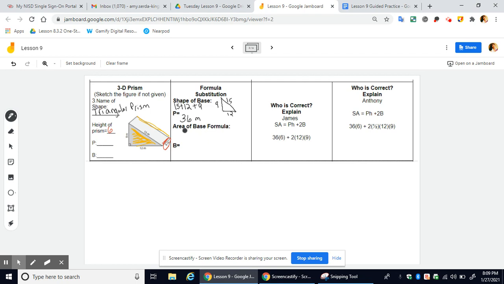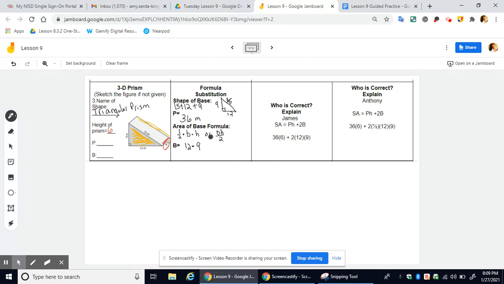Okay? Now I want the area formula. Well, on the area formula, again, I can use 1/2 base times height, or I can use base times height divided by 2. Both are equivalent. So again, 12 times 9. The base and the height are the two legs that form the right triangle.